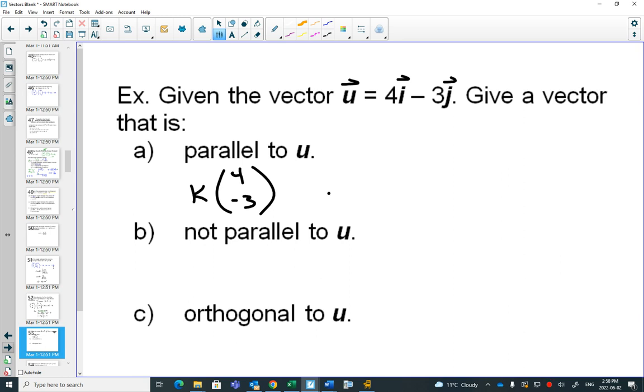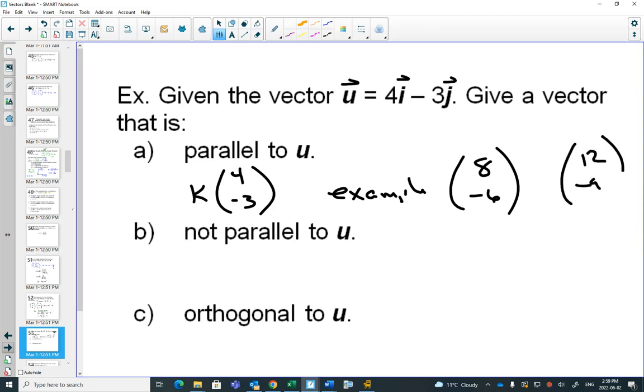So you could have an example 4, -3. 8, -6 would be fine. Multiplying by 2, multiply by 3. Another example, 12, -9. We don't need our dot product for this question.